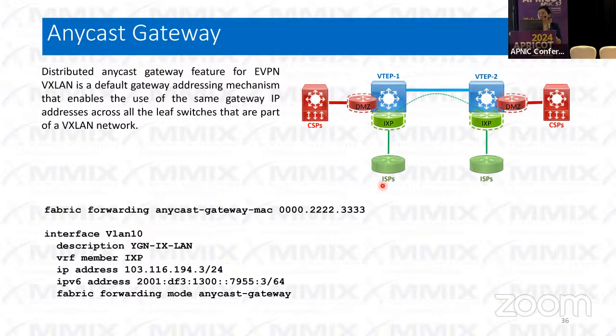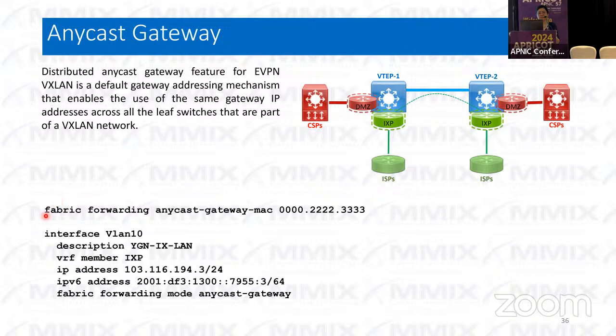In my configuration, I have two switches in Yangon. Some ISPs are connecting to switch 1, some other ISPs are connecting to switch 2. For talking with the MMIX network, going to the DMZ, the CDN behind the DMZ, they all need to communicate with a single IP address. For that single IP address, I am using the Anycast feature.